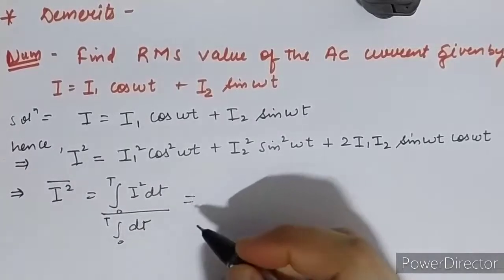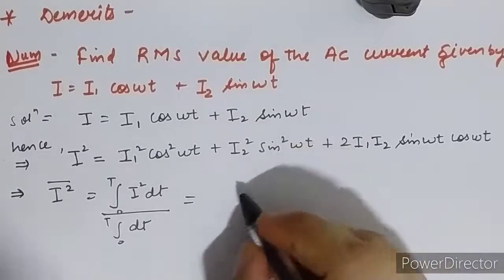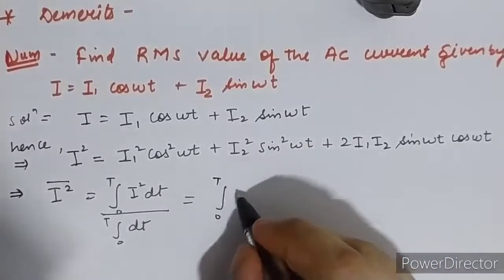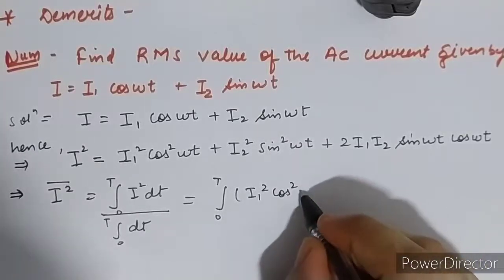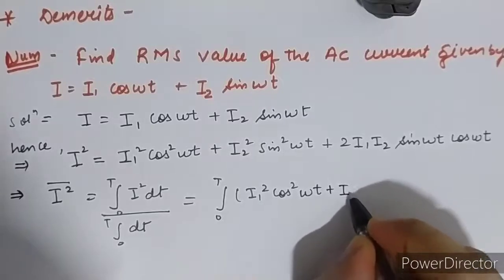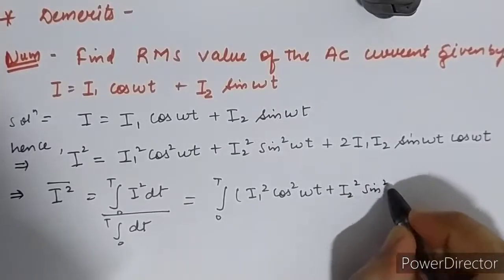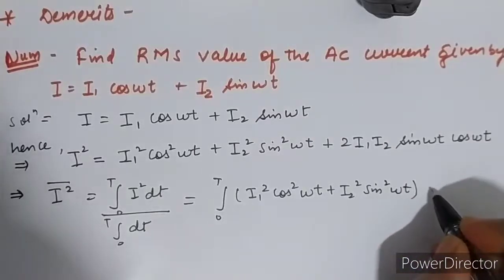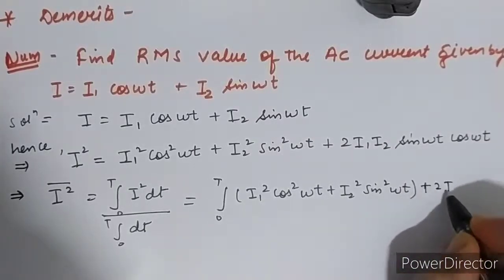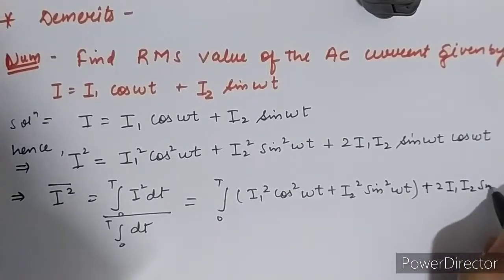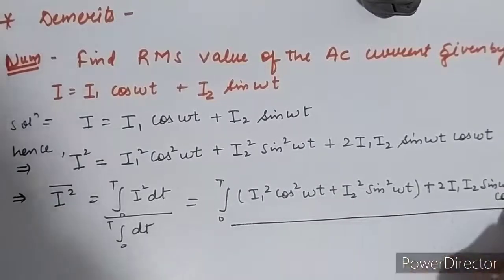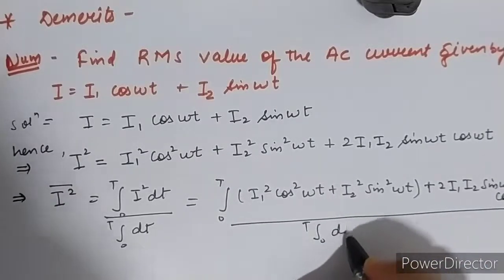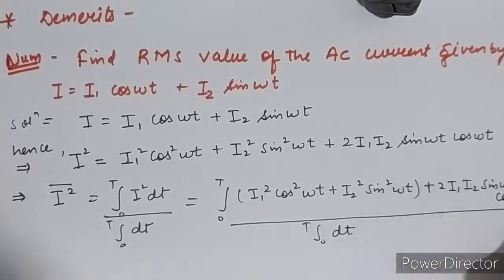So we get the value like this: integral from 0 to T of I1 square cos square omega t plus I2 square sin square omega t plus 2 I1 I2 sin omega t cos omega t, divided by T, with dt. Clear?